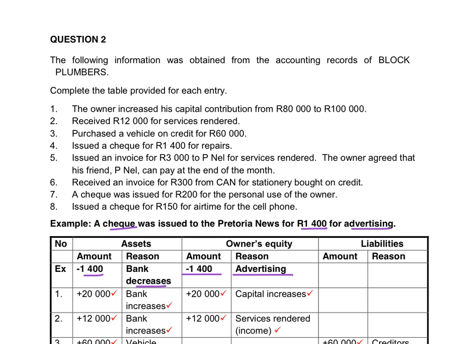If the owner increases his capital contribution from 80 to 100, you must read carefully. It means that his existing capital was 80. You increase it to 100, not with 100, to 100. That means that we increased it with 20,000 rand.